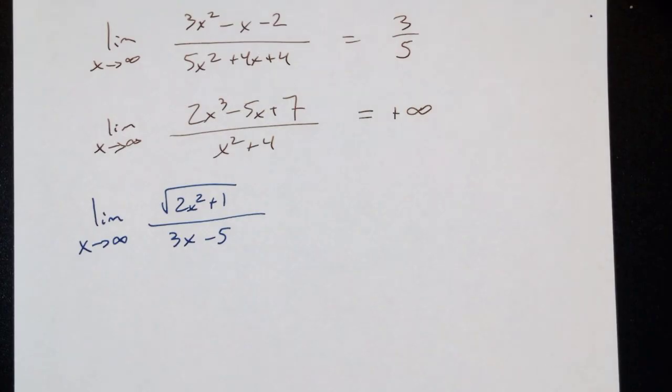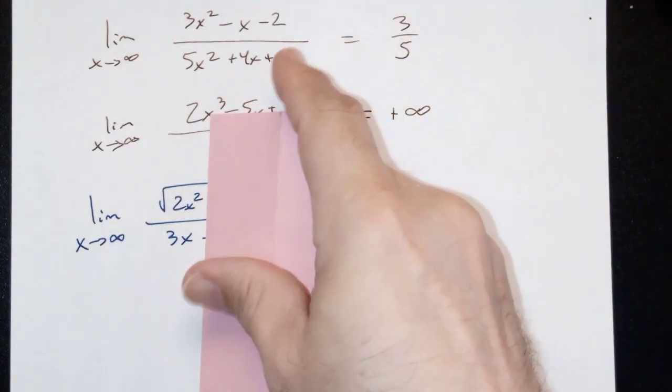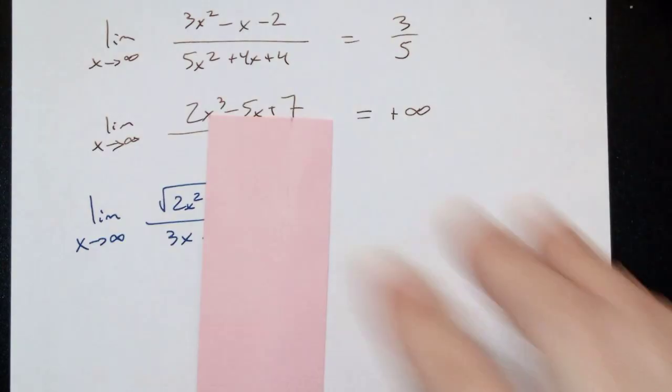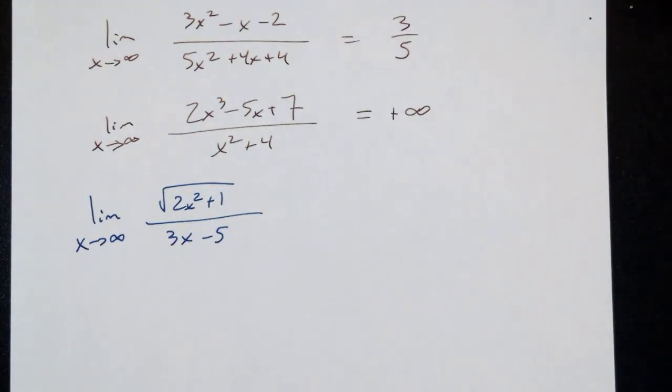So I can't just compare highest power, lowest power in the same way. But let's start with that idea. If I were to just look at the highest and lowest powers, the highest power on top, it's x squared, but it's under a square root. Doesn't that just make it an x? So wait a minute, the top and the bottom are equal. But how do I show that I should be able to do the same thing?